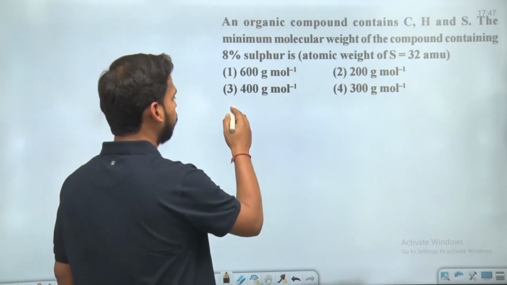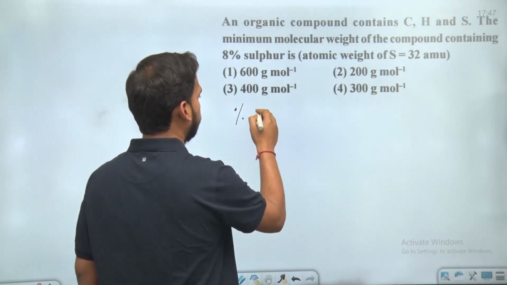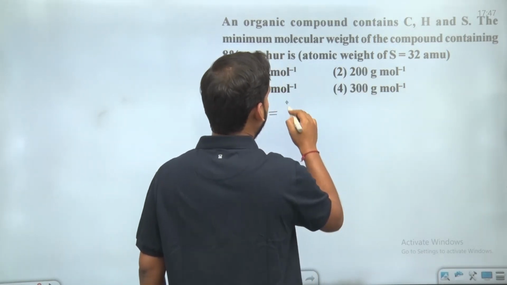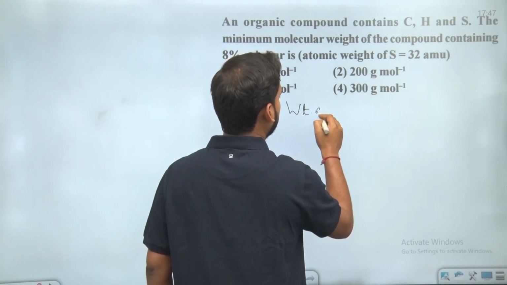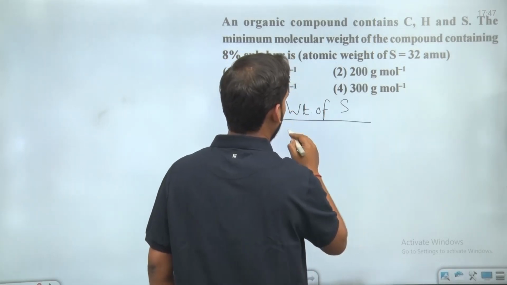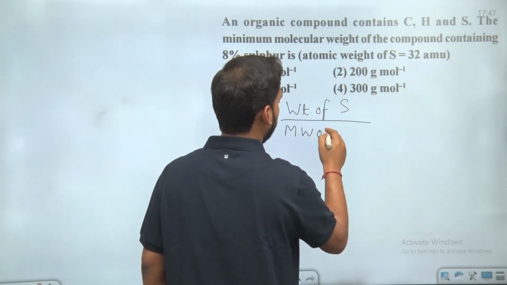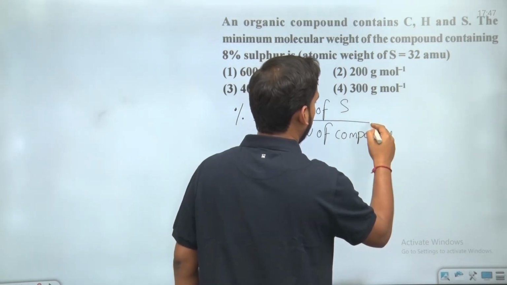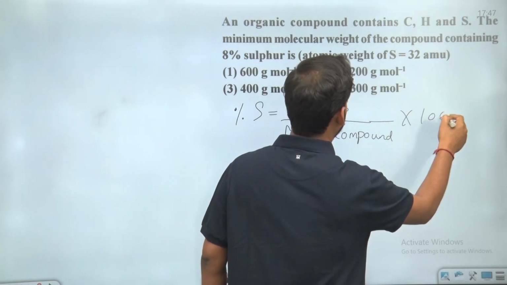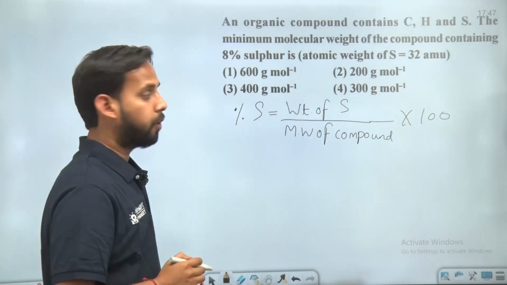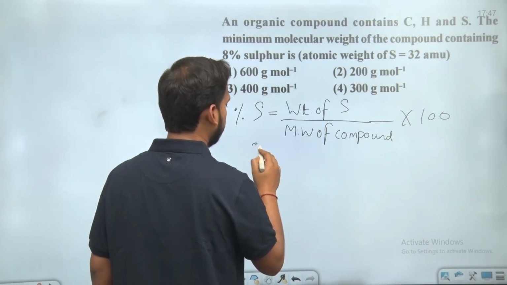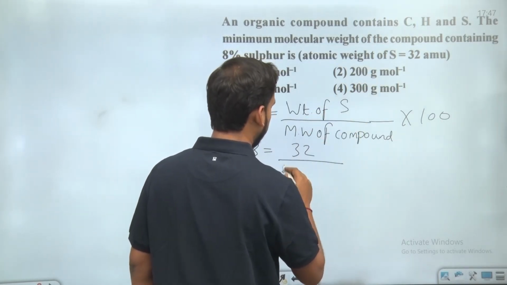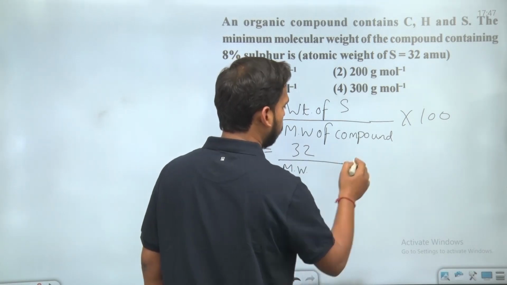So the percentage of sulfur equals the weight of sulfur divided by the molecular weight of the compound, into 100. The percentage of sulfur is given as 8, the weight of sulfur is given as 32, and the molecular weight of the compound we have to calculate.